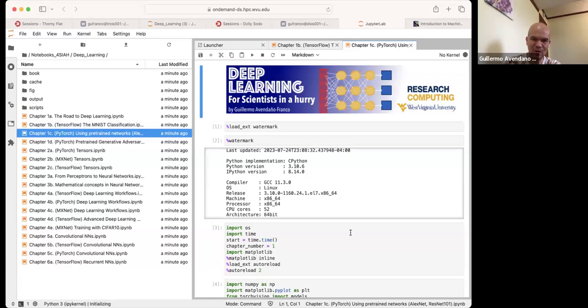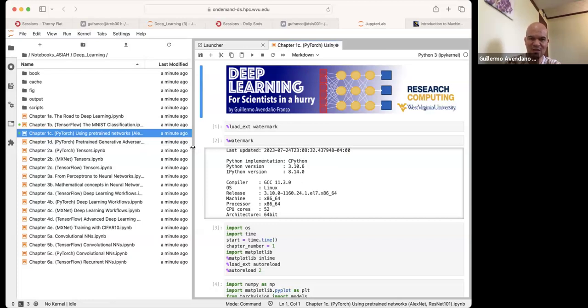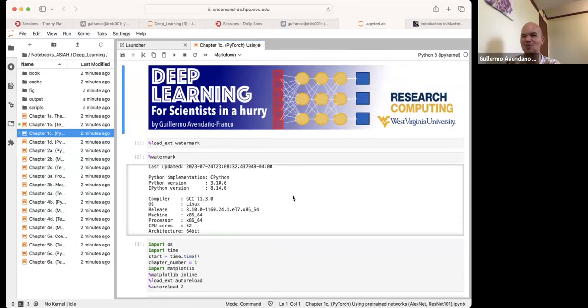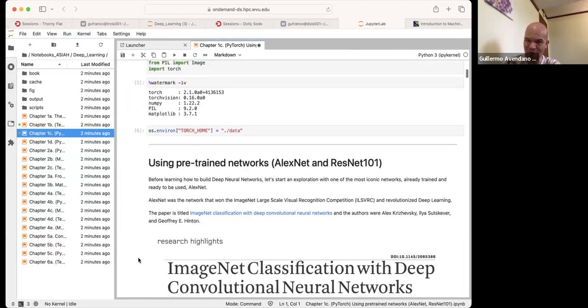Or I can probably present this one first, not the TensorFlow one, and afterwards discard this. Because this is illustrative and will motivate you eventually to look into the notebooks with more care. Here, what I'm doing is applying neural networks that were pre-created, pre-trained, and sometimes you don't need to train your network from scratch. You just use the work from someone else, and you can just refine the network. So that's what most people actually do.